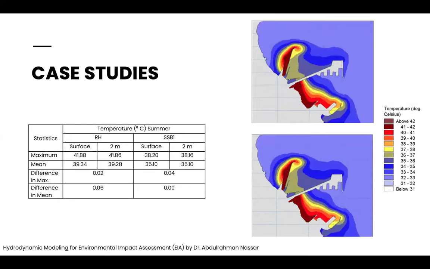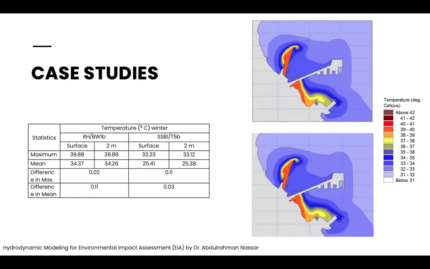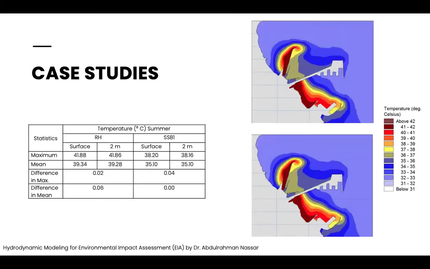We have different dispersion between summer and winter, and we should detect the radius of this dispersion to make sure it complies with the regulations of the country, or the regulations you are doing the EIA for.